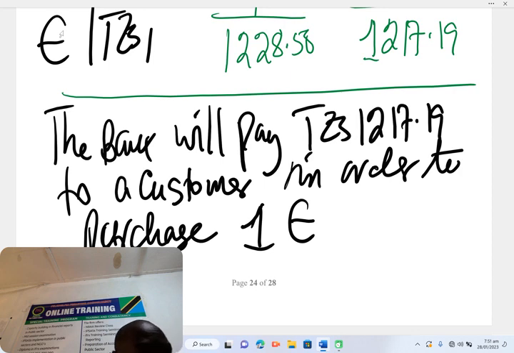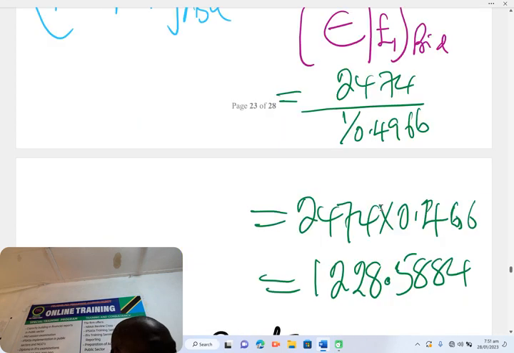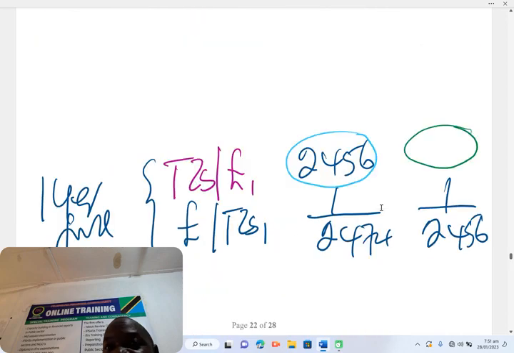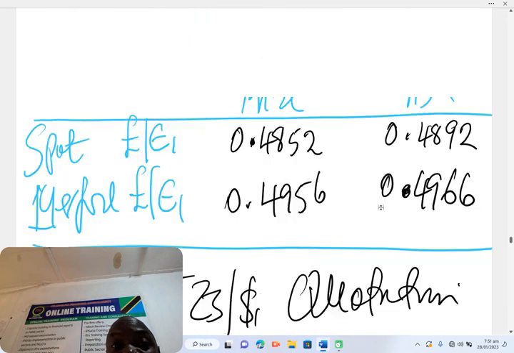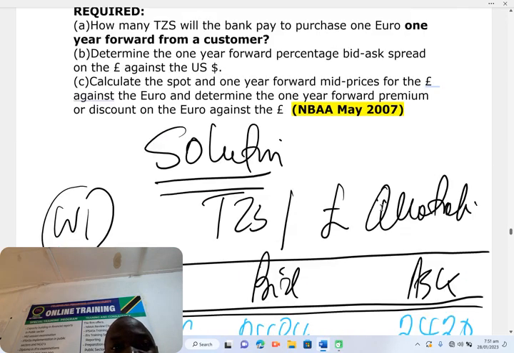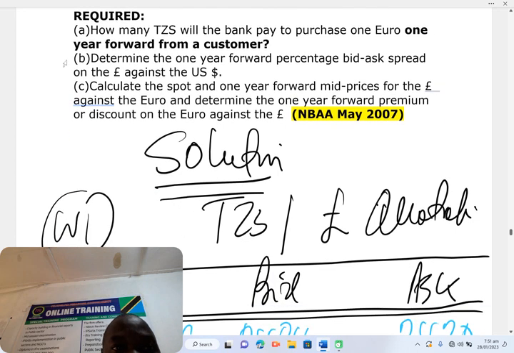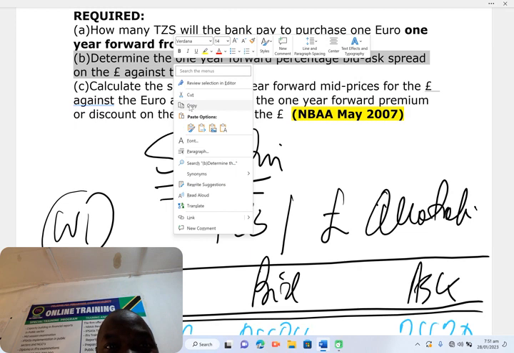Part B. Determine the 1 year... Now let us see part B. Here, you see the question is simple, but it has a lot of cross-cutting issues. So part C, what is it saying?